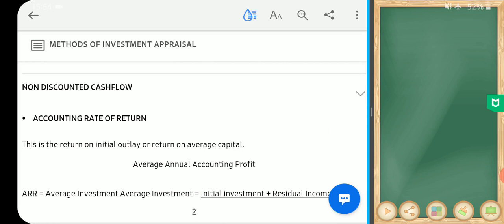Now, what does non-discounted cash flow mean? It simply means that the cash flow used in the calculation under this aspect will not be discounted. What is discounted? Discounting comes in when you recognize the time value of money. We all know that 10,000 naira of today is not the same as 10,000 naira of the next 2 years.